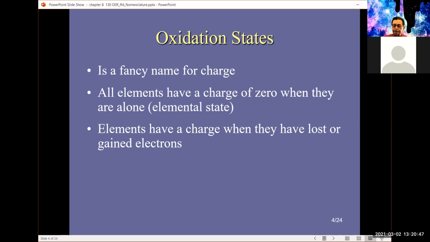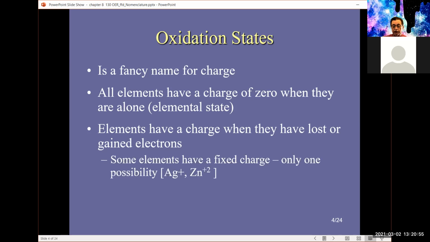Now, ions have a charge simply because, as we know now, hopefully, we either lost electrons or regained electrons. Okay. And therefore, their oxidation state has changed. Now, I already mentioned this, I call it the sweet 16. Okay.